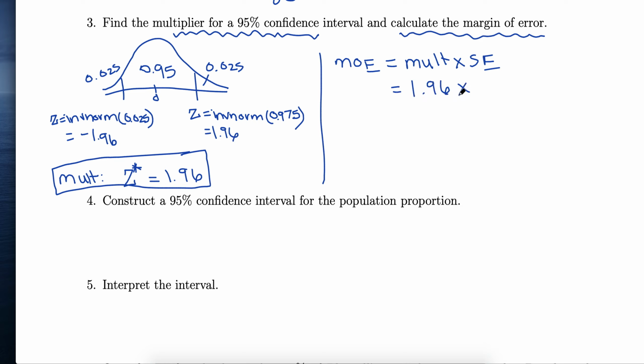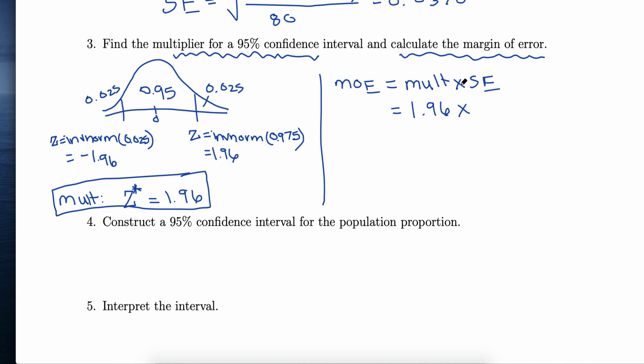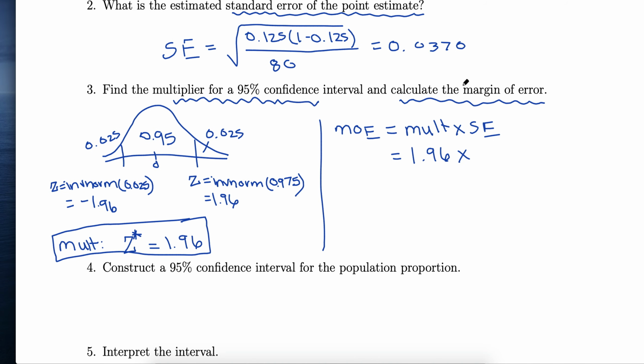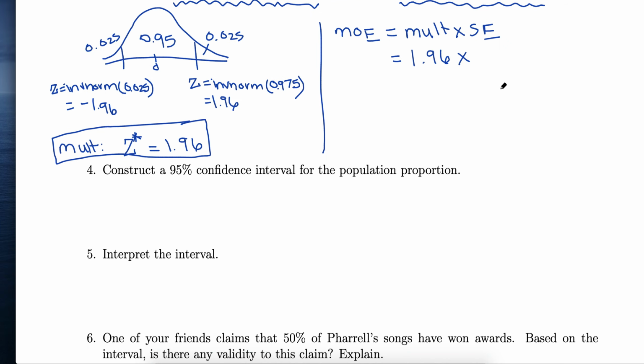The standard error we found out in the previous part was the variability that we can expect from sample to sample, this 0.0370. And all we have to do is multiply these guys together to get our margin of error. When you work that out, you should get 0.0725.